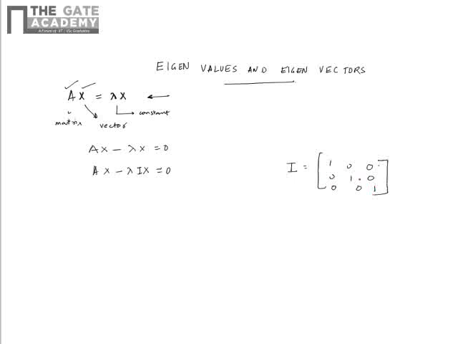This matrix, when you multiply with any vector, gives you the same vector, so I am just writing it in that way.